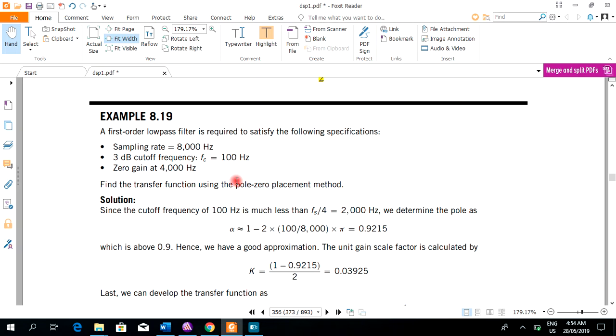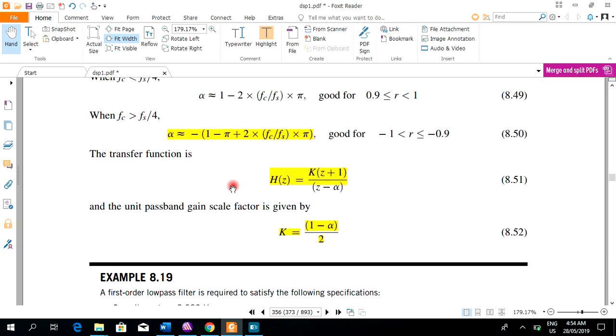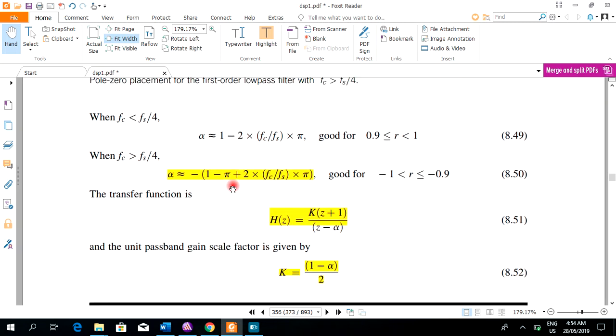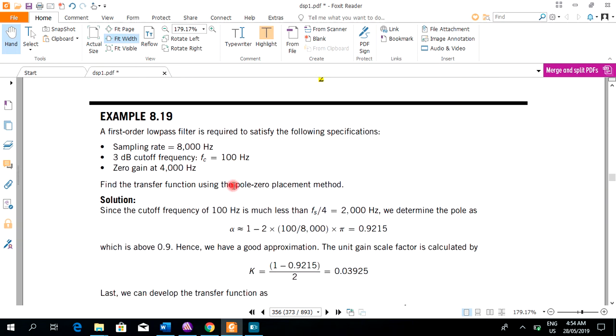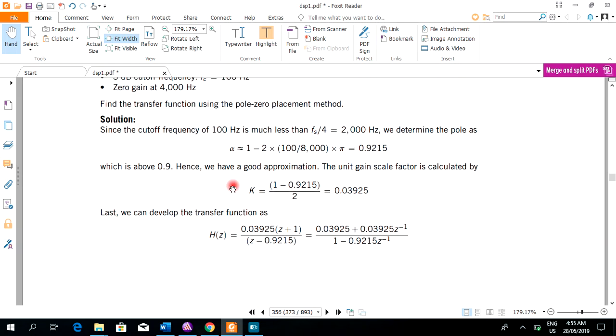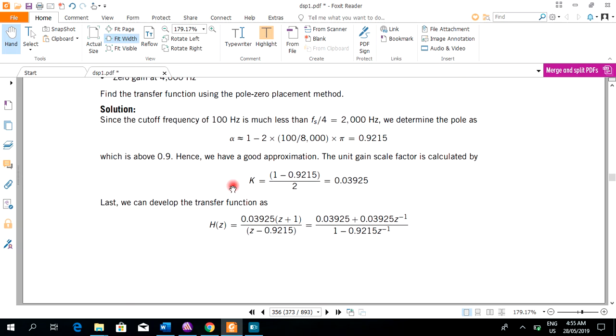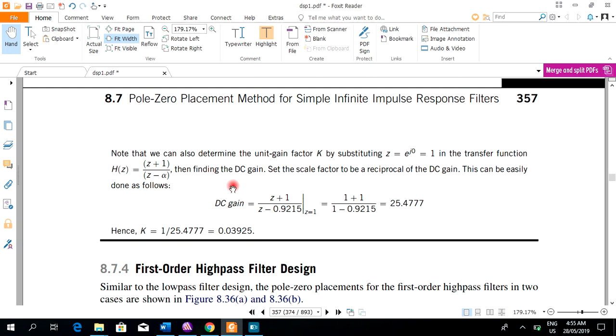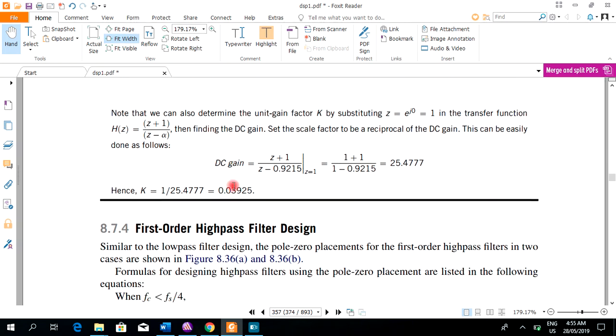In this case sampling frequency divided by 4 is greater than Fc, so the first formula will be used. After calculating alpha, we calculate K, which is 1 minus alpha over 2, and substituting the value of K in H of z, we will get the response of the filter.